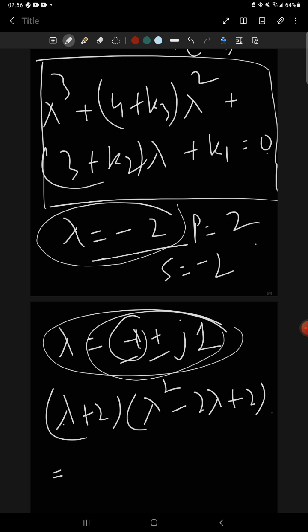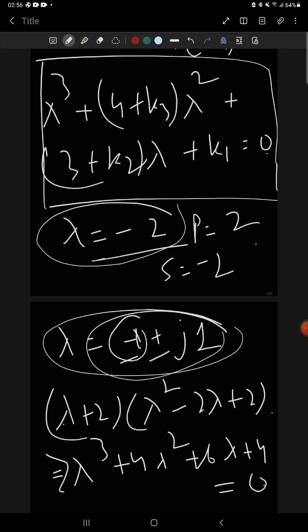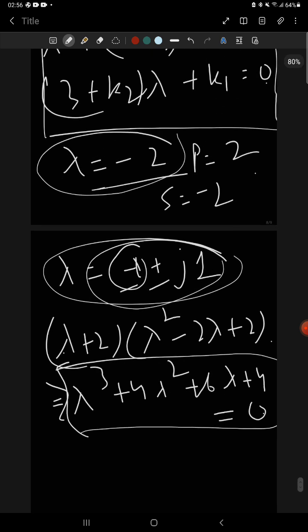and if you do the calculation you will get your desired equation as lambda cube plus 4 lambda square plus 6 lambda plus 4 equal to 0. So this is my desired equation. This is my equation which I got after the control law. So what I need to do is just equate both of these.